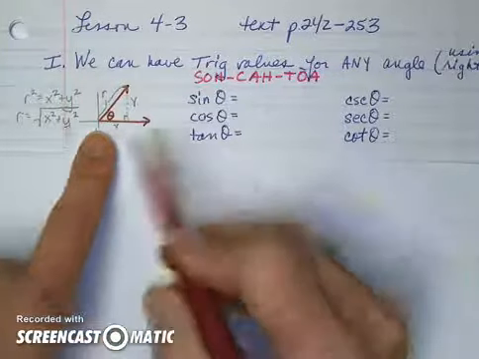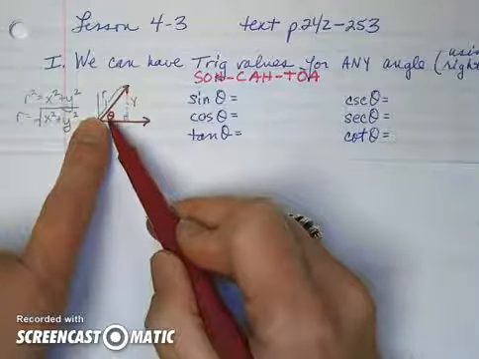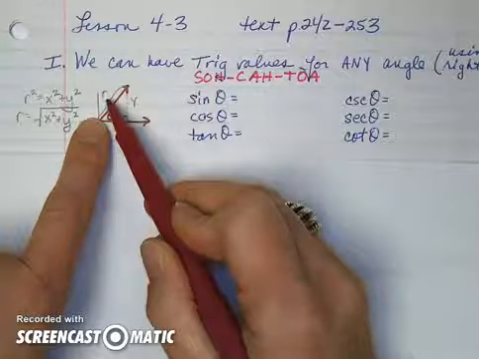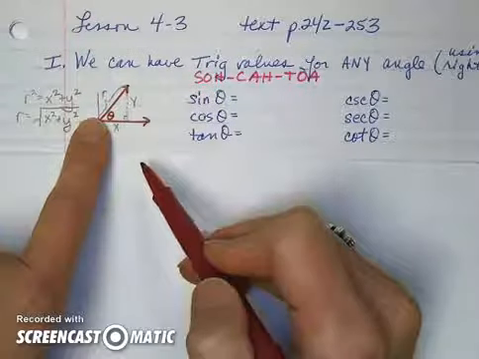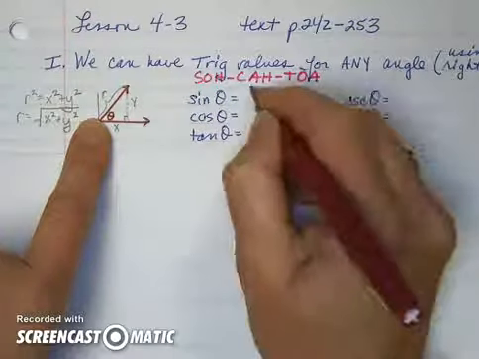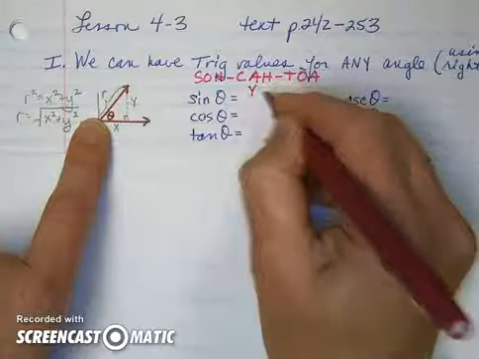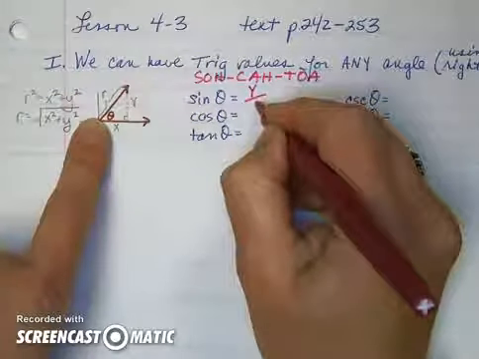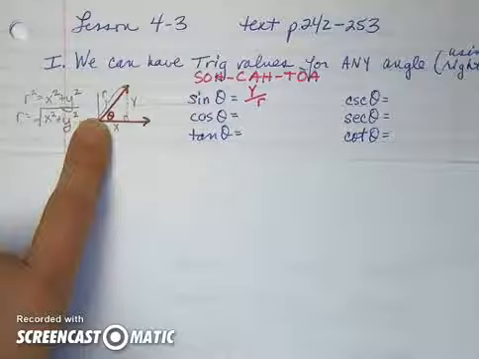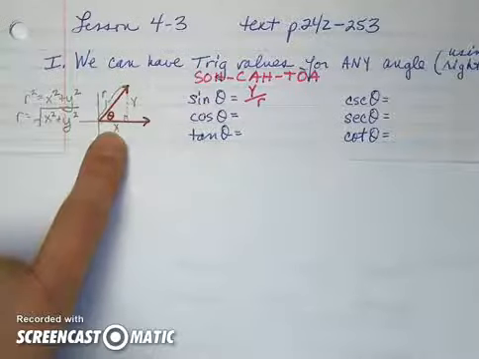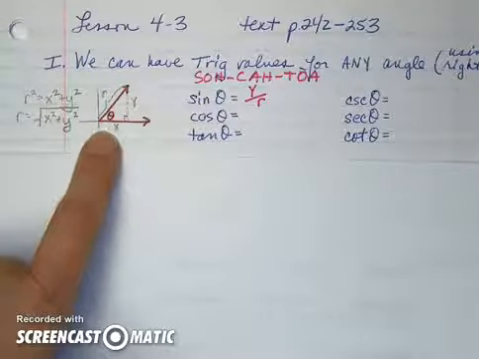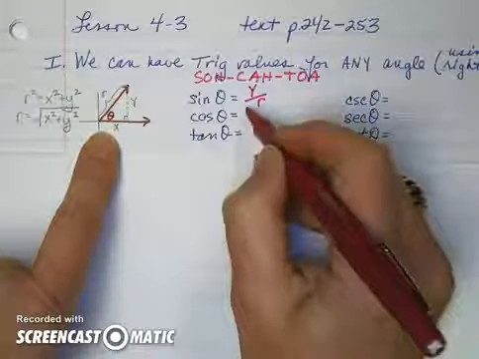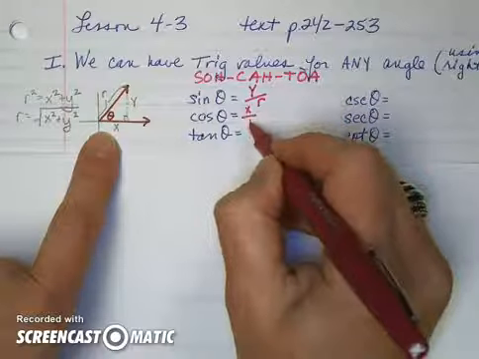Well, here, if I've got my theta, the opposite would be the y over the hypotenuse, which is r. So you can also find the sine as taking the y value over the radius. Also, the cosine value would then be the adjacent side, which is your x, over the radius.